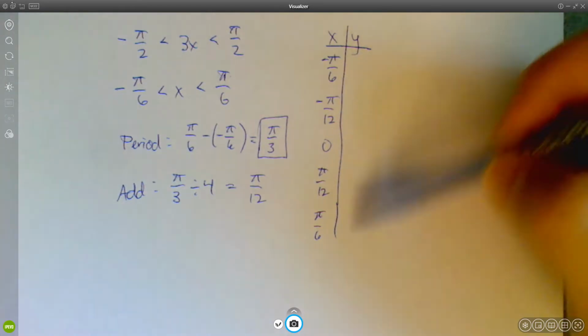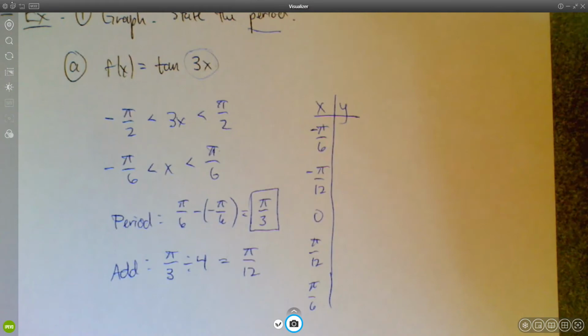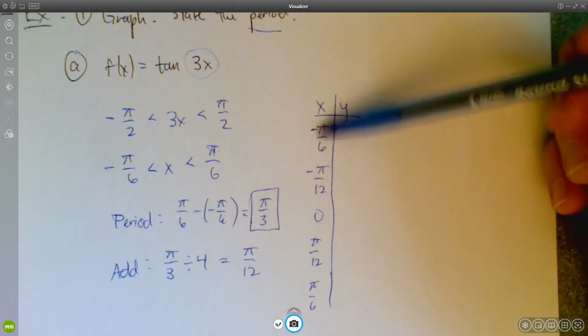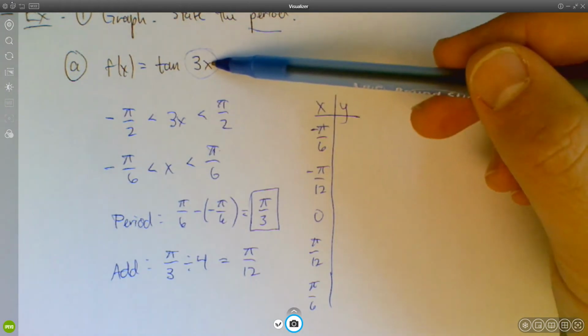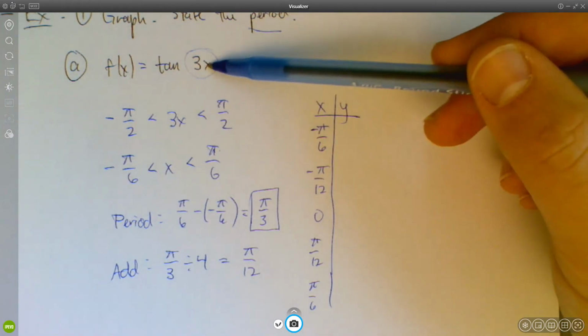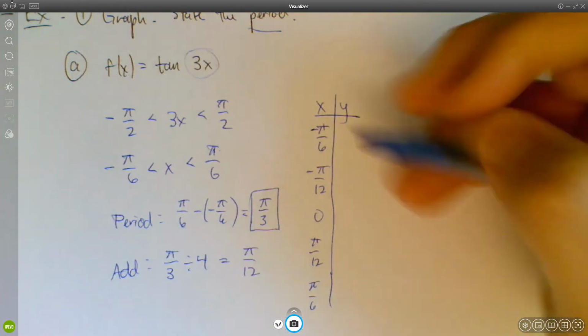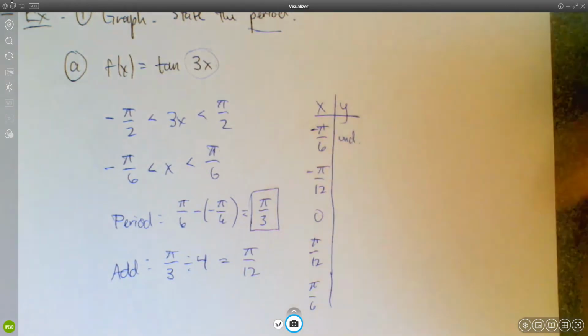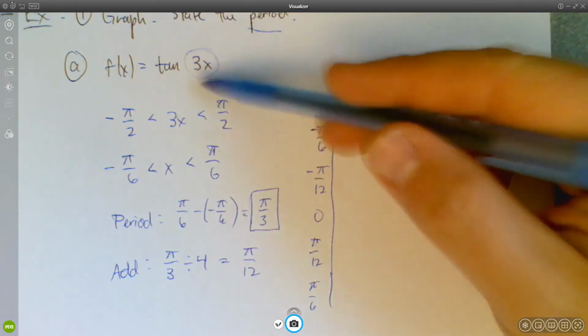Now to figure out the output values here, you can plug these values back into the tangent function. Now, at negative pi over 6, we're going to have an asymptote. And you can tell that because if you plug in negative pi over 6, you get 3 times negative pi over 6 is negative pi over 2, and tangent of negative pi over 2 is undefined. If we plug in negative pi over 12, we'll get negative pi over 4.